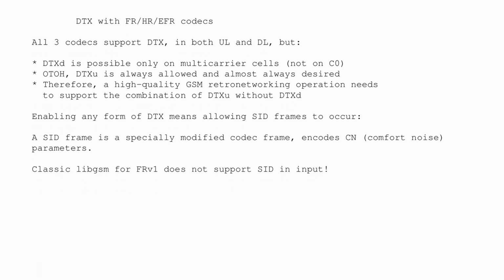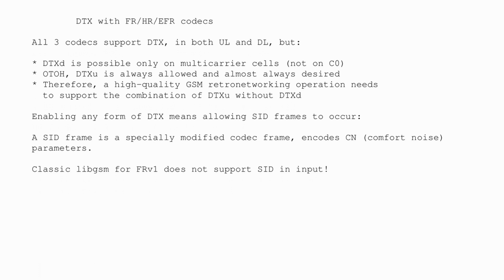But if you do DTX uplink enable in Osmo BSC config, then the phones can just not transmit anything, not turn on their transmitter during times when the speaker is silent, and so you're saving battery. And then, of course, there are interference concerns, but primarily saving battery.